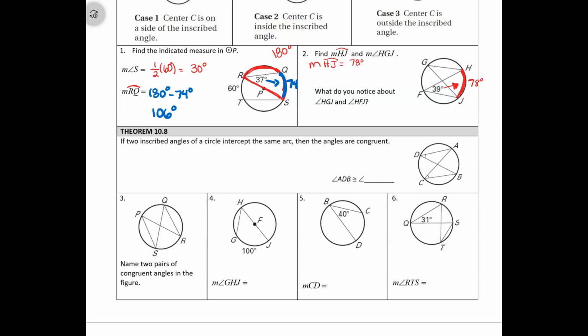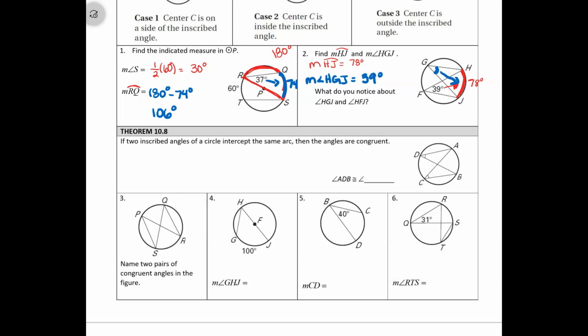Now it is asking me to find the angle HGJ, so this angle right here. And if you look, it is also intercepting the same arc. So that angle would be half of 78. That is going to be 39 degrees.